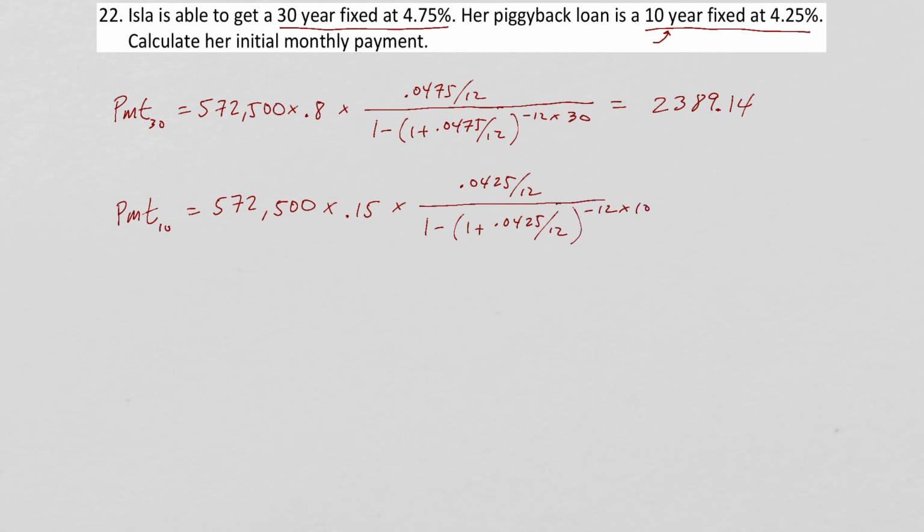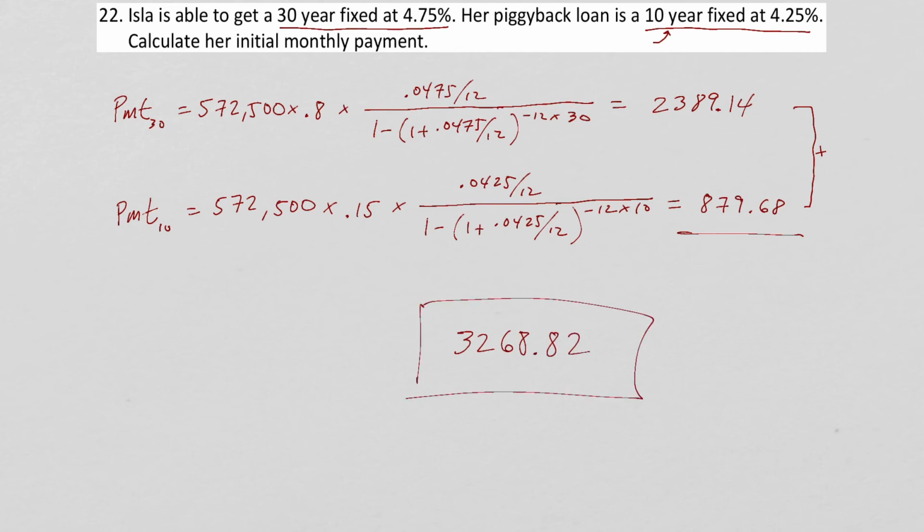This is 10 years. Okay? And this comes out to $879.68. So her total payment is the sum of these two things. We're going to add those up, and we're going to get $3,268.82 as her total payment. Okay.